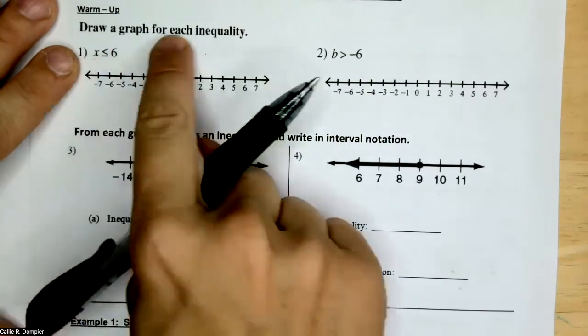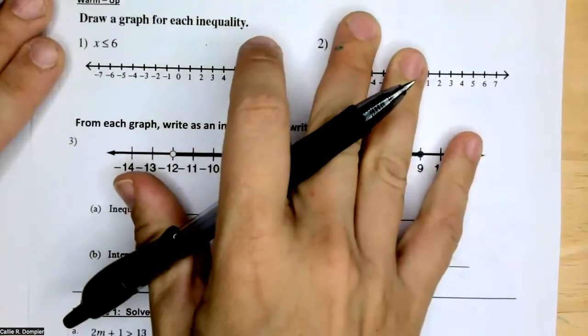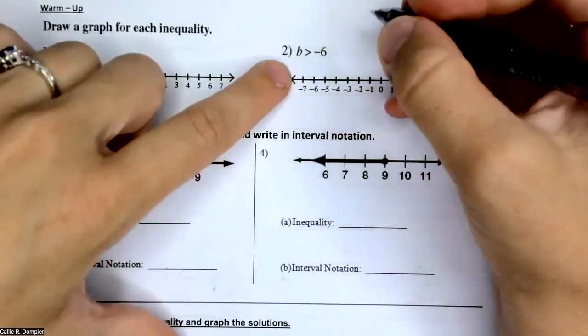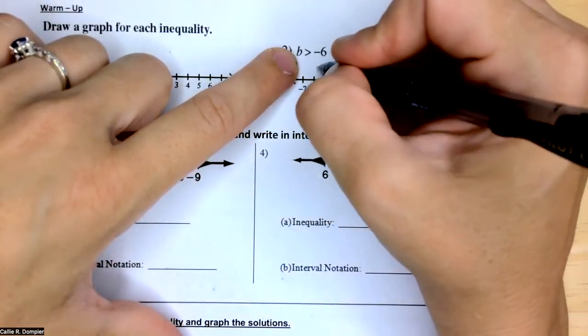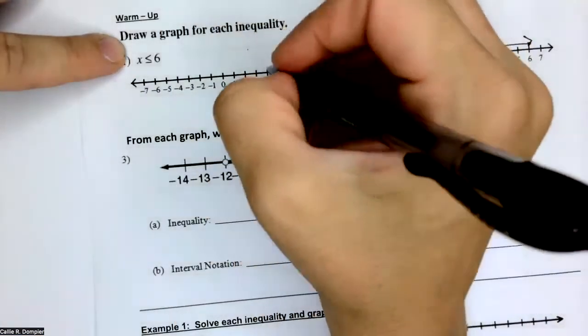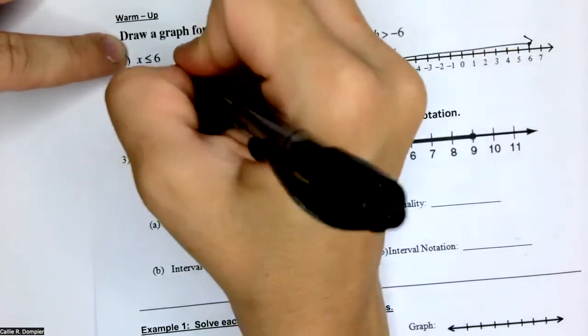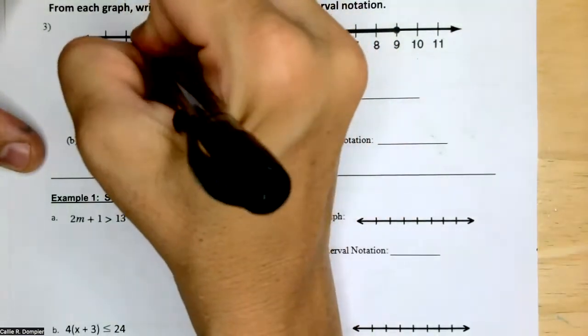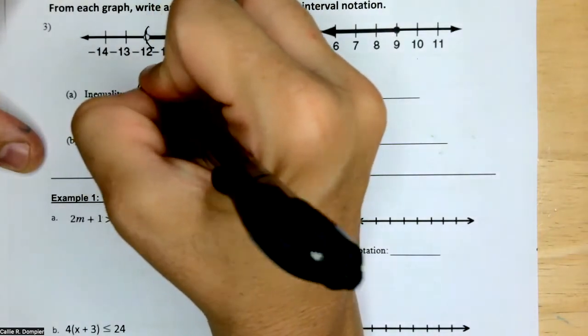All right, multi-step linear inequalities, just starting. I might skip this because we've done it, right? B is greater than negative 6. Looks like that. X is less than or equal to 6. Looks like that. This inequality is negative, oops, sorry.